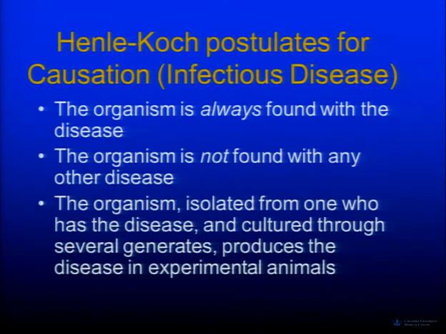And it was that the organism is always found with the disease, the organism is not found with any other disease, and if you take the organism, like smallpox, isolate it from someone who has the disease, and culture it, it produces the disease in experimental animals. So this was fine, and you could think of Mycobacterium tuberculosis. It's always found, that bacteria, when someone has TB, and it makes sense for infectious disease.